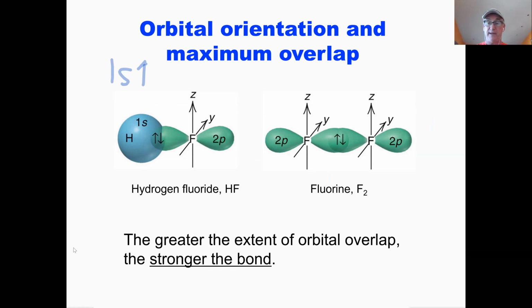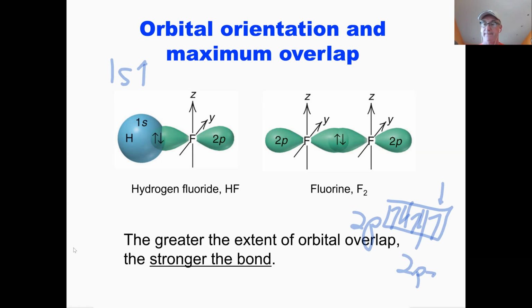Remember, it's in 2p. It had 1, 2, 3, 4, 5, and missing 1 electron in 2pz, this last orbital. That's where its one available bonding electron is. And so there it is, right there.